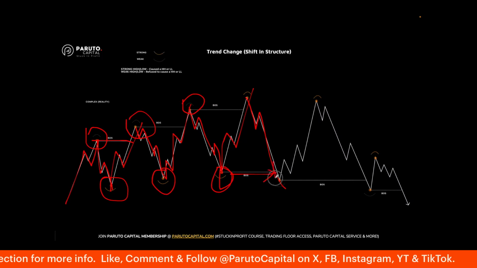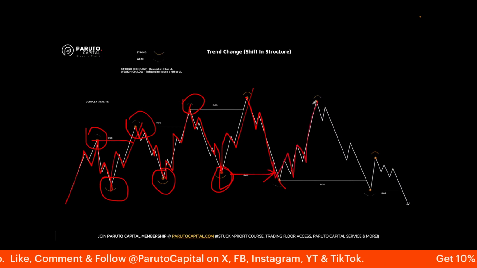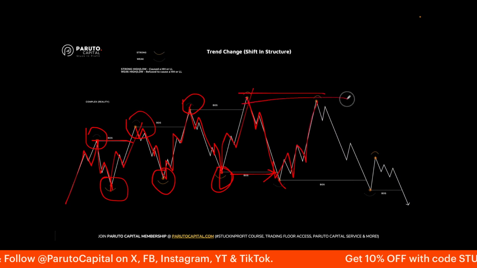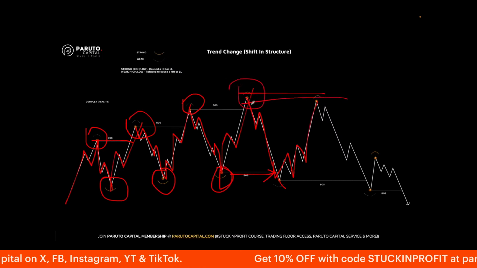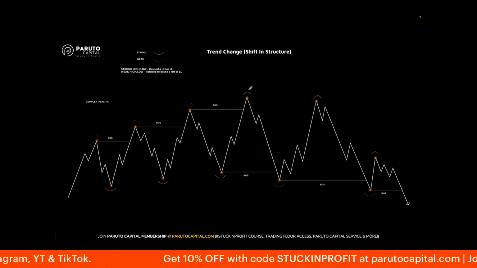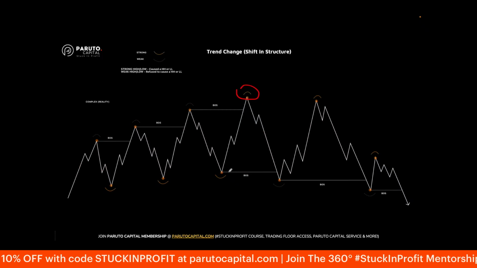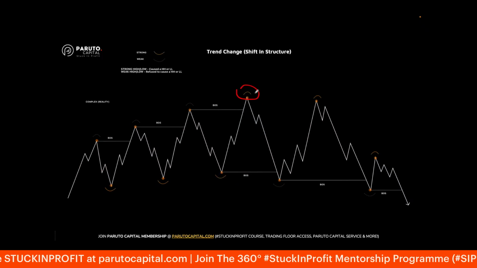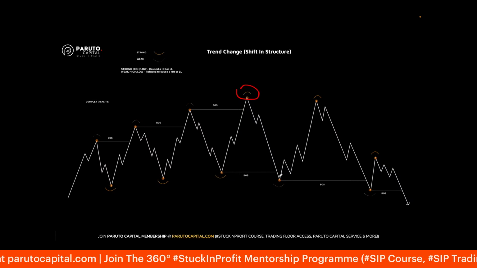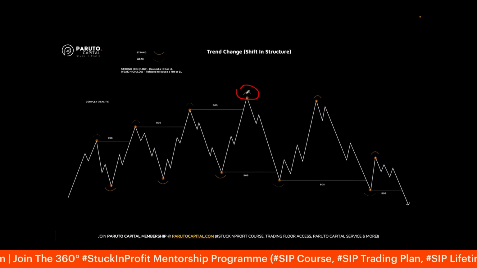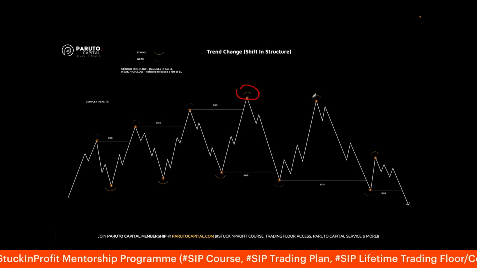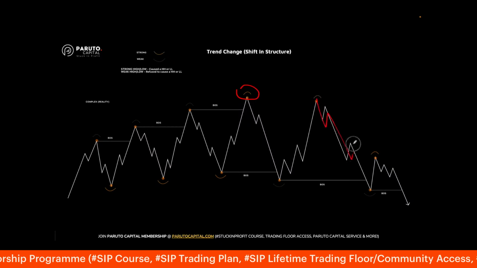And then it comes down here and then it goes back up and respects this previous strong high here, because this is now a strong high because it took out this low. So we expect that the market is going to come here and not take this out, respect it, and then continue its downward trend.